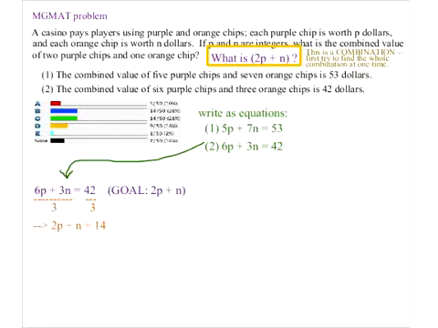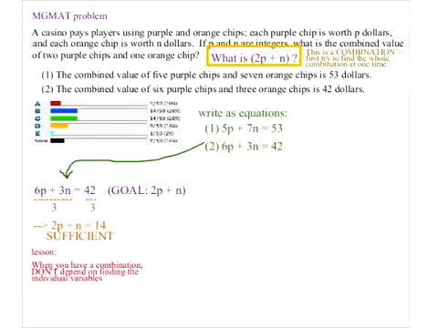This is sufficient. Notice you don't even have to calculate this number. You could just say 2p plus n is some hard value because the number itself is irrelevant. So there's a lesson to be learned here. It's not the major lesson of today, but when you have a combination, don't depend on finding the individual variables.